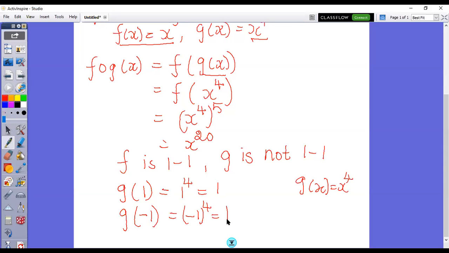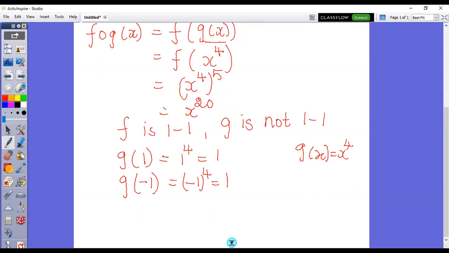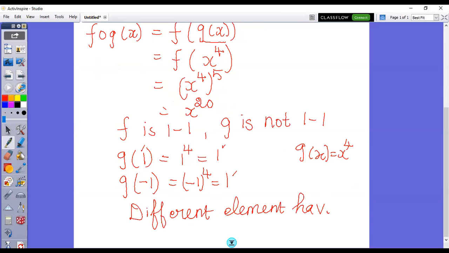So the same value, 1. Different elements have the same image. Different elements but same image. So that is not a one-one function.